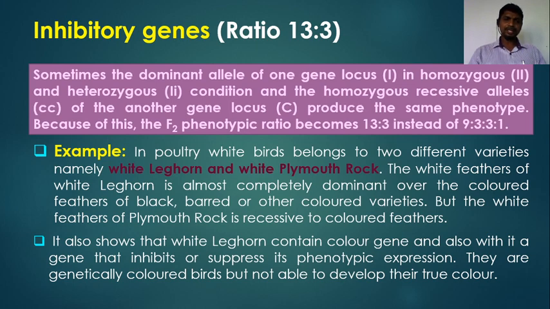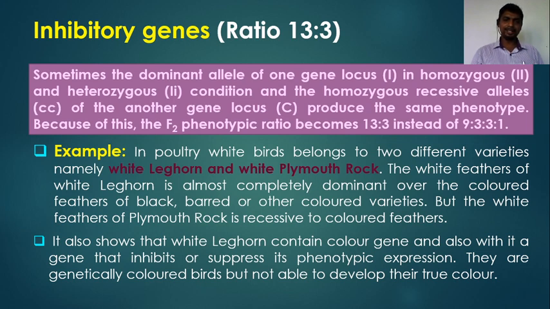This also shows that White Leghorn contains the color gene and also a gene that inhibits or suppresses its phenotypic expression. Genotypically this White Leghorn variety is able to produce color, but in addition it contains an inhibitory gene that suppresses the phenotypic expression of the color gene, due to which the phenotype of the White Leghorn bird is white.